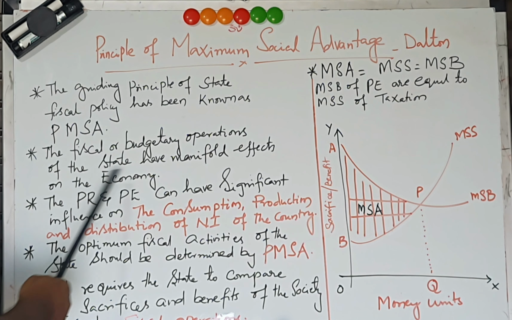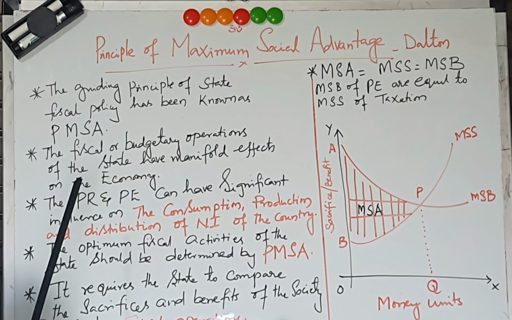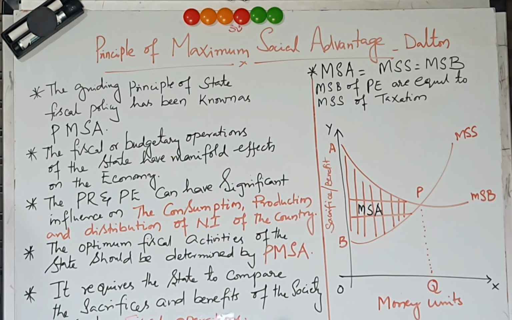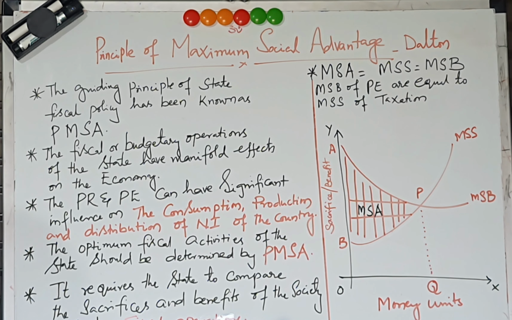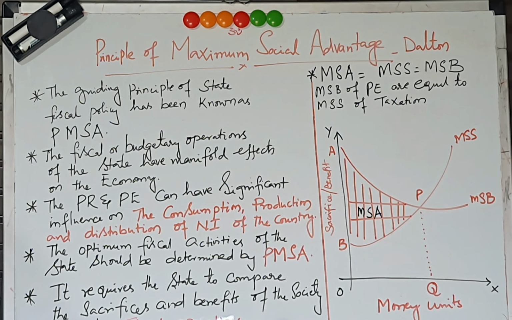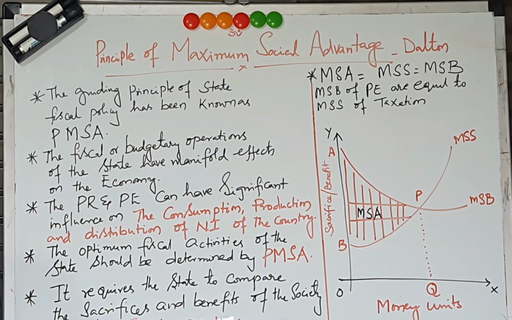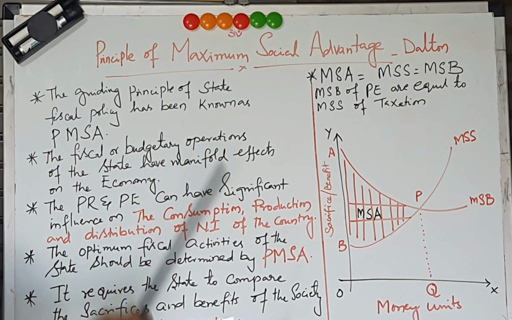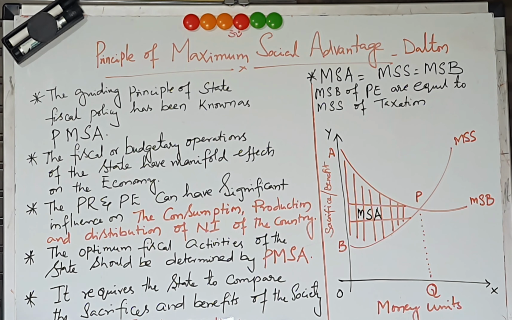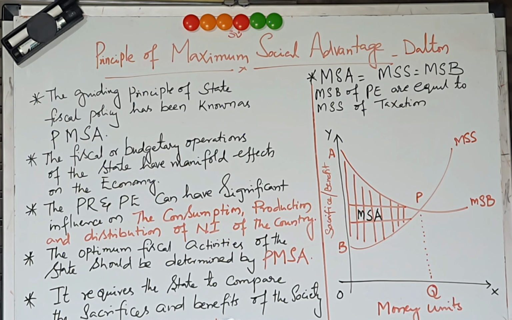The public revenue and public expenditure both can have significant influence on the consumption, the production and distribution of national income of the country. So there should be certain guidelines to be followed by the government while making expenditure. The optimum fiscal activities of the state should be determined by the principle of maximum social advantage.